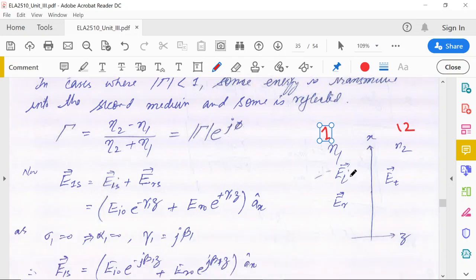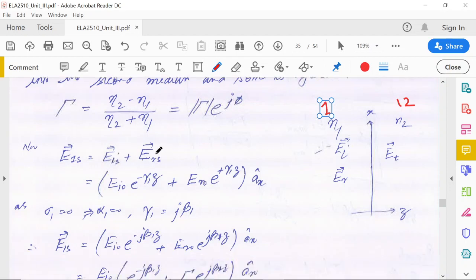Now in medium one, as a wave is incident on this interface, some portion will be reflected and some portion will be transmitted to medium two. So the total electric field in medium one will be the incident plus the reflected part. Here we are dealing with the phasor form again. The incident wave will be E I naught e to the minus gamma 1 z.